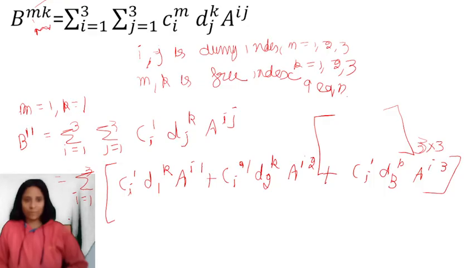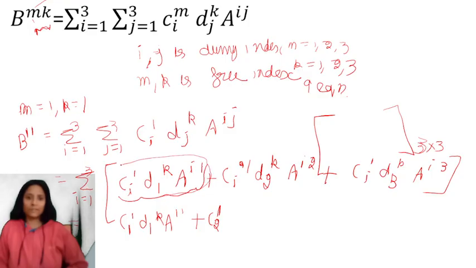Now I have to expand i. So in one term you got 3 terms, because here i is equal to 1, then i is equal to 2, i is equal to 3, so you got 3 terms in one term. Here also you got 3 terms. I am just expanding the summation.